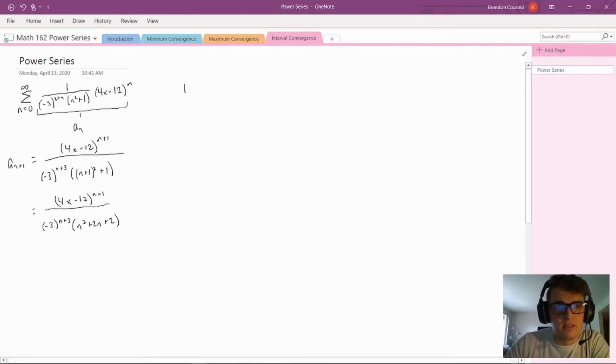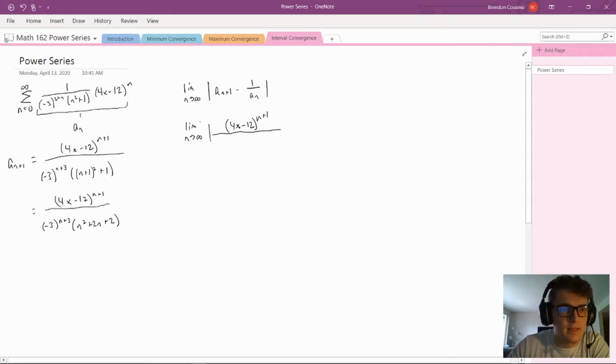So for the ratio test, it's going to end up being the limit as n approaches infinity of a of n plus 1 multiplied by 1 over a of n. Okay, so then let's go ahead and plug in all of our pieces. So this is the limit as n approaches infinity of the absolute value of a of n plus 1. So this is going to be our 4x minus 12 to the n plus 1 divided by negative 3 to the n plus 3 multiplied by our n squared plus 2n plus 2.